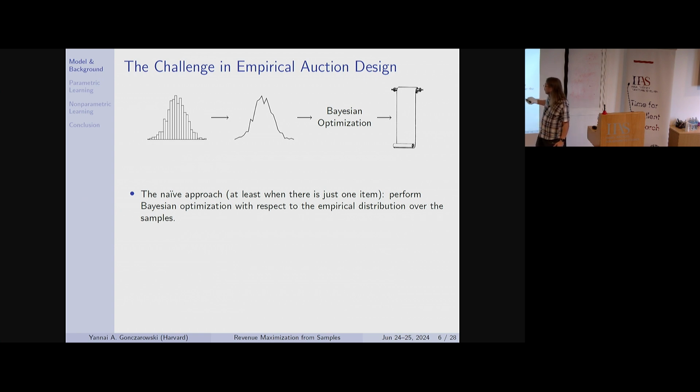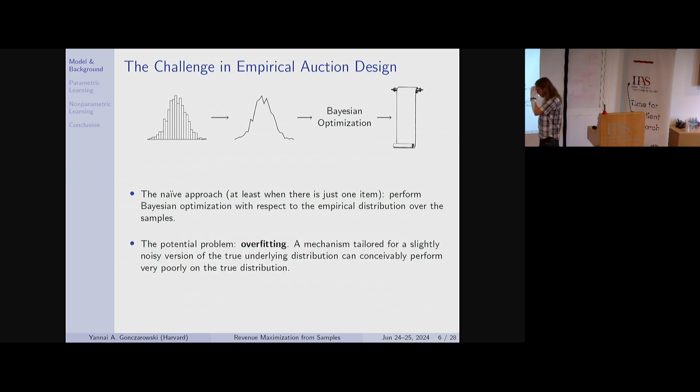If it's one item, do Myerson's optimization. If it's several items, do whichever optimization you know how to do. We learned from Sergio yesterday that we don't know a lot, but do something that you know how to do. And get something and hope that it performs well over this distribution that we have not seen.